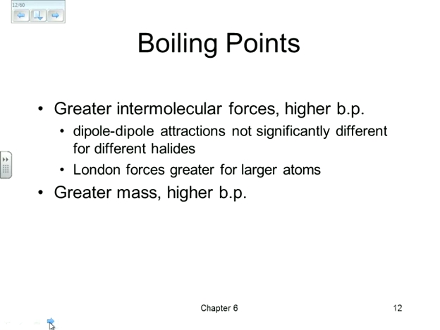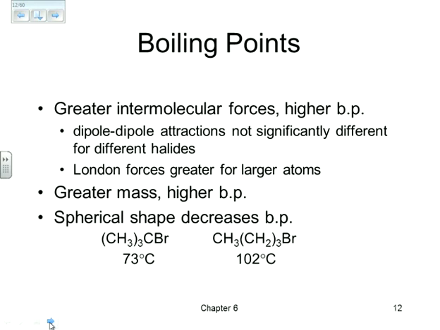Boiling points. If we're going to look at the intermolecular forces, do alkyl halides have dispersion forces? Yes, everything has dispersion forces. What about dipole interactions? Yes, it has a halogen. Is halogen electronegative? Yes, so it has the dipole interactions. What about hydrogen bonding?